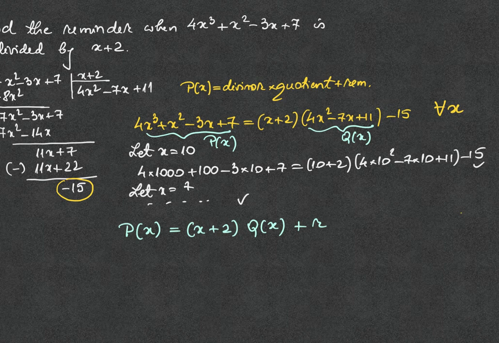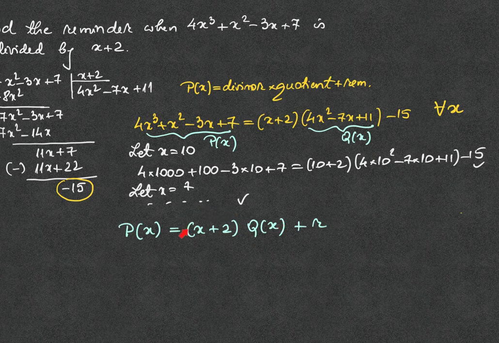If my aim is to find the remainder, and I don't care about this quotient, I don't need it, is it a method to do this simply rather than doing the long division? So if I only need the remainder, and I know that this statement is true for any x, I'm thinking what x can I take so that this disappears, because I don't need it, and I just want to be left with the remainder. However, I don't know the quotient and I don't want to find it because I don't want to do the long division.